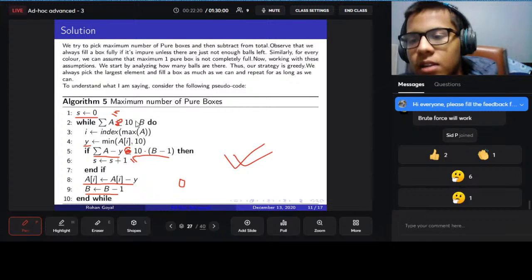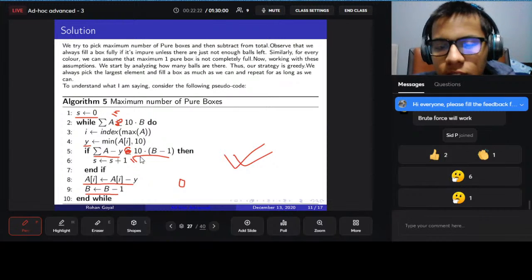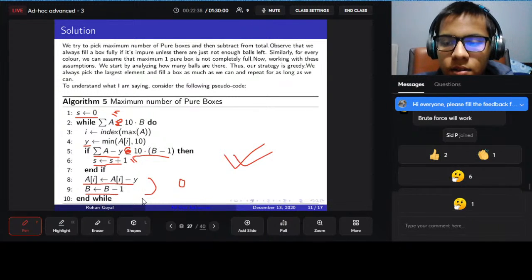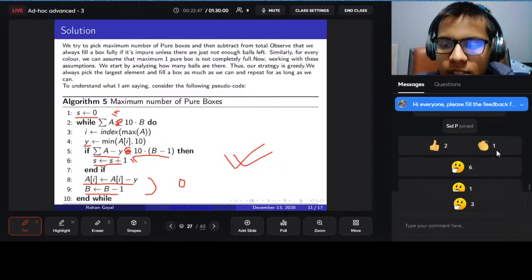We try to take this value, remove it, and then check if we can still do the thing. If we can still do it, then we get one extra pure box. Otherwise, we won't be able to do it, and the loop will break. And if this is still true, the loop won't break and we can continue. And this algorithm works.